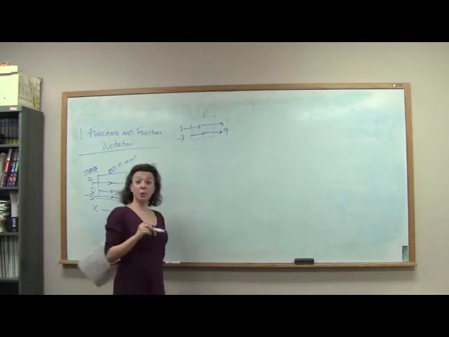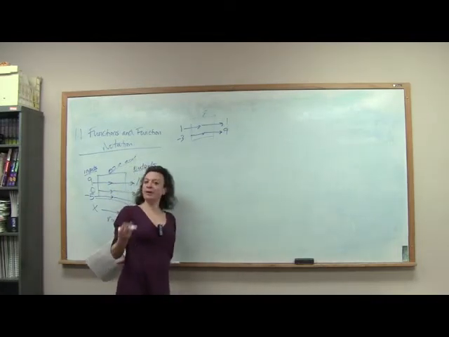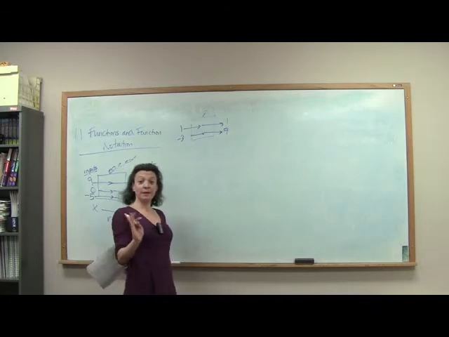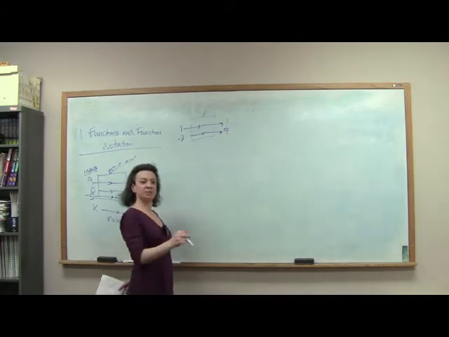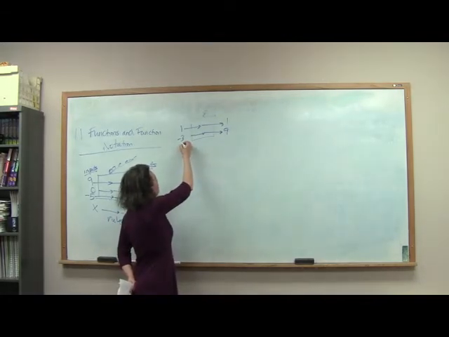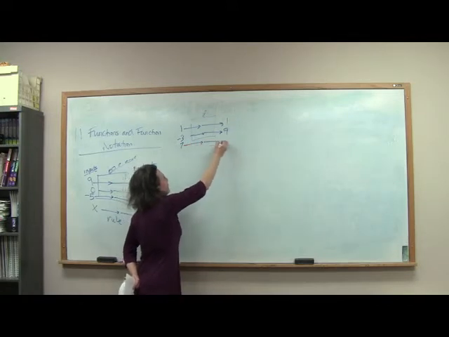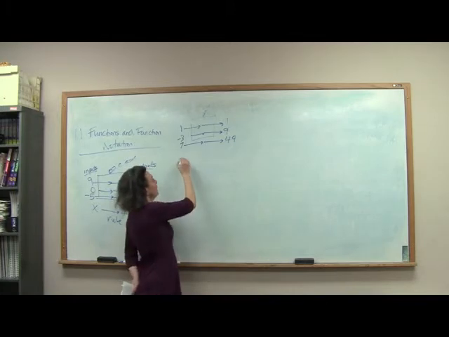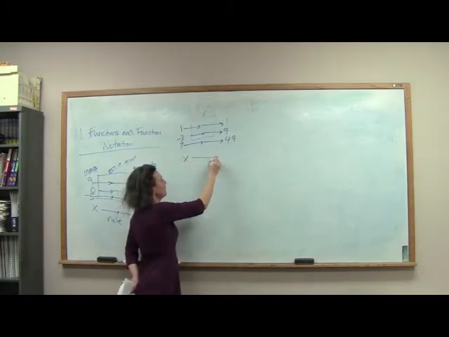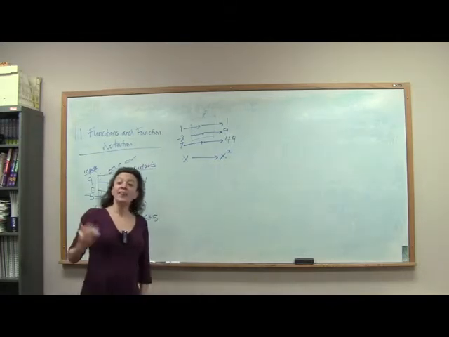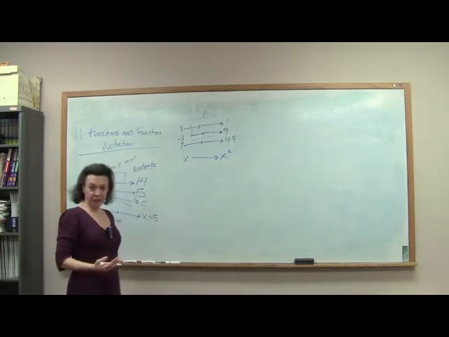Let me do one more number. Maybe you see the pattern, but if you don't, don't worry, you're not going to have to guess these sorts of things. Suppose I put in the number 7 and out comes 49. In general, what's happening is x goes to x squared. That's the rule for that machine.